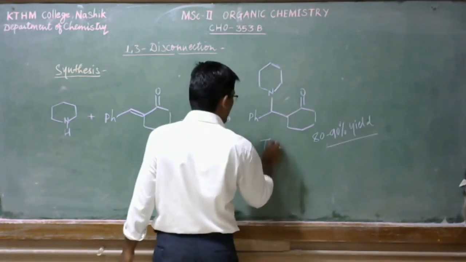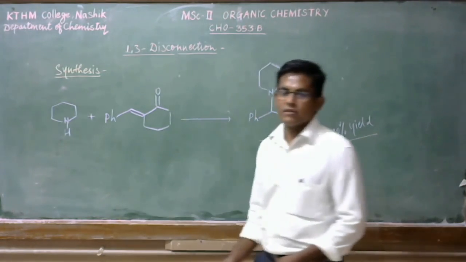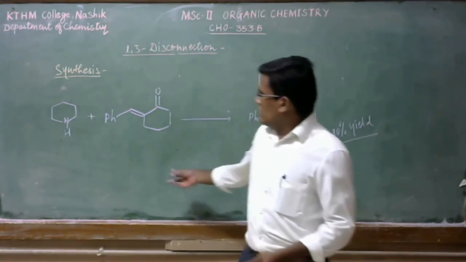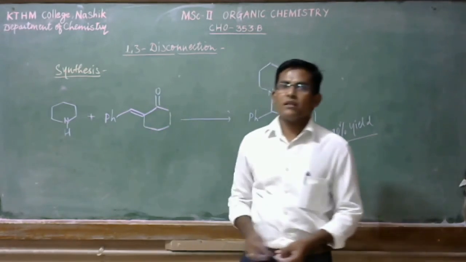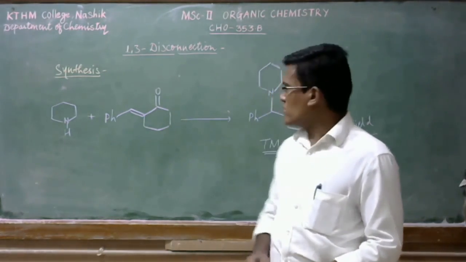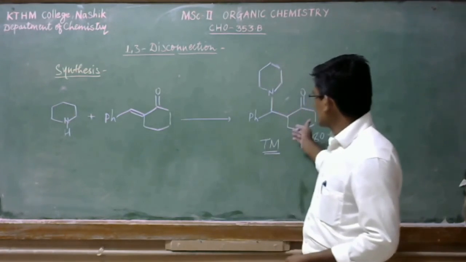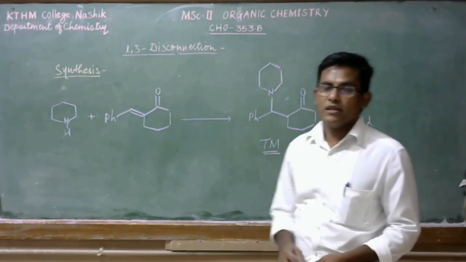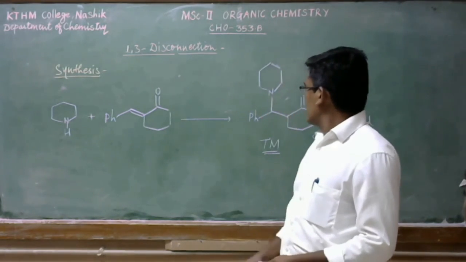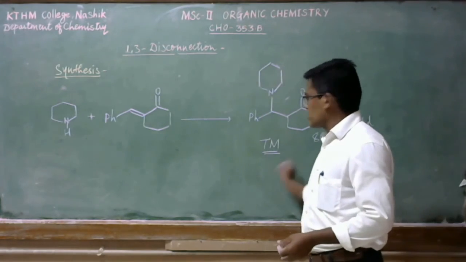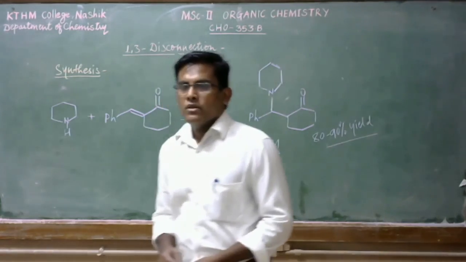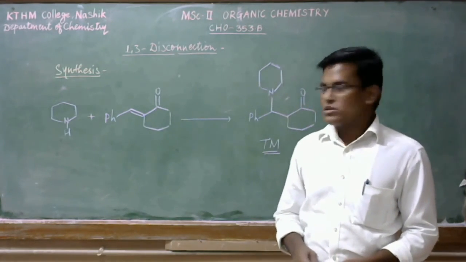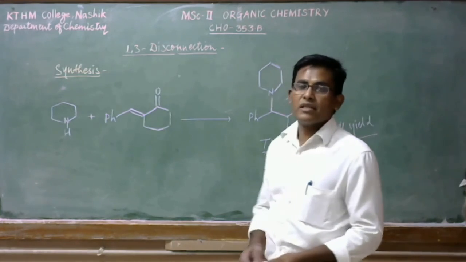So when this pyrrolidine reacts with this alpha beta unsaturated carbonyl compound, it gives rise to this product. In this way we can achieve the synthesis of this particular target molecule, which involves the 1,3 disconnection.